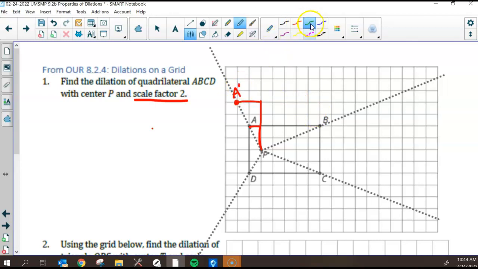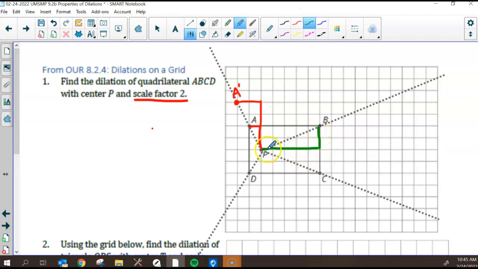Let's repeat that process. Let's go on to the next one. I know that B prime is going to be somewhere along this line, but I want to make sure it's precise. So I need to figure out how far away is B from P so I can make sure that B prime is twice that distance. So same type of thing. That would be 1, 2, 3, 4, 5 across and 2 up. Well, let's multiply that by 2 then.